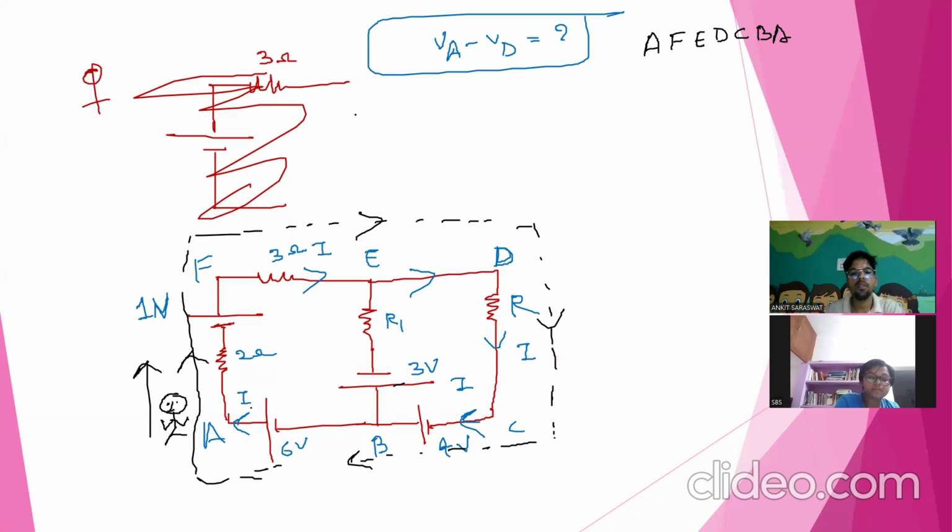Understood? So from A to F, then F to E, then E to D, D to C, C to B, and B to A. Clear? So please tell me from A to F, how much voltage drop?